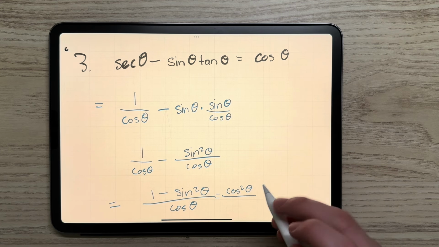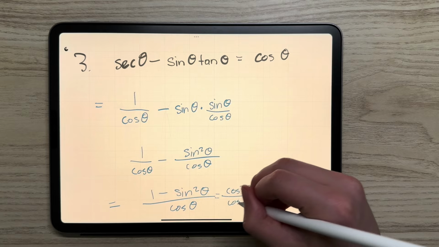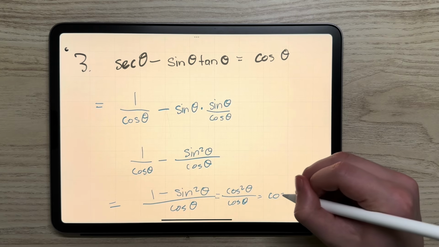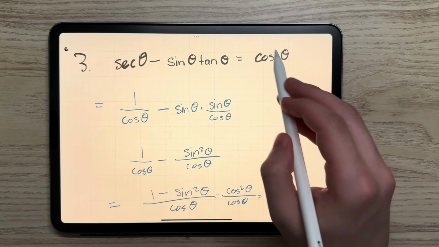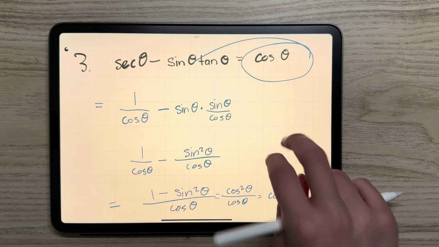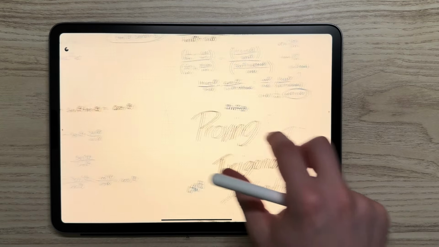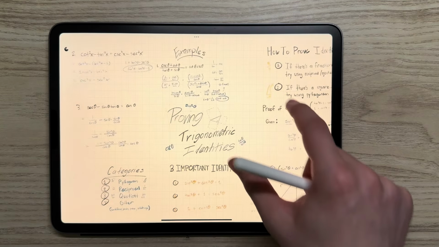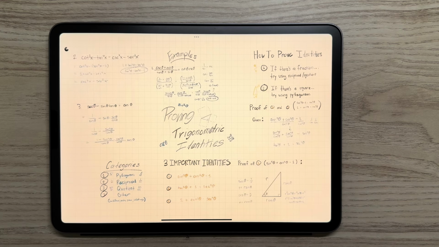So now, cosine squared theta over cosine theta is equal to cosine theta, and that is exactly what we were trying to get. And that is how to prove trigonometric identities. I hope that you have an easier time proving all these formulas and equations, and that it's no longer as confusing.